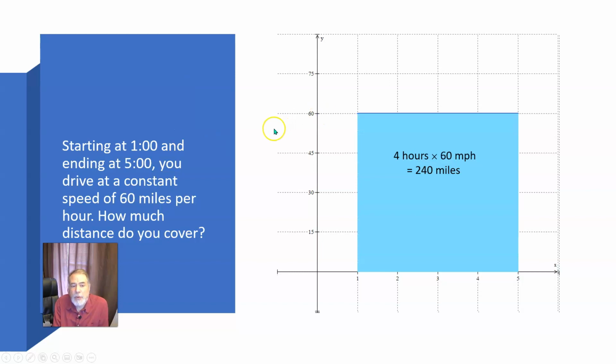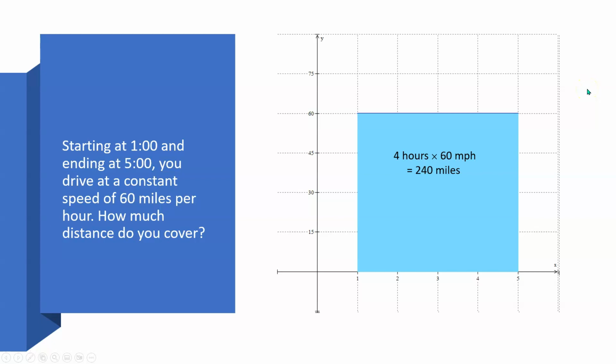So in this case, that would be 4 hours times 60 miles per hour means you cover a distance of 240 miles. If you're going 60 miles per hour, you go 60 miles the first hour from 1 to 2 o'clock, 60 miles the second hour from 2 to 3 o'clock, 60 miles the third hour, and 60 miles the fourth hour for a total of 240 miles.